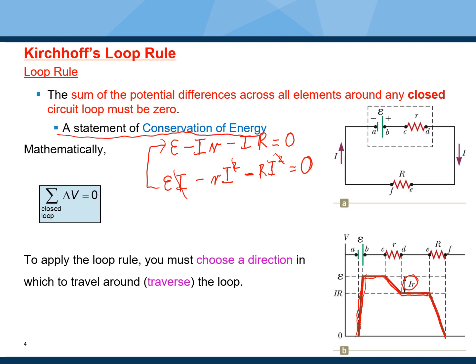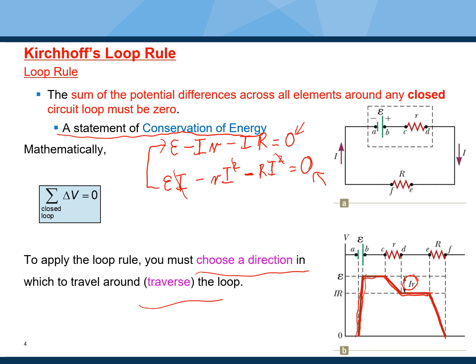In other words, if we apply energy conservation to this equation below, we get the same rule as the equation above, which said that the change in potentials across all the circuit elements taken together in a loop should equal 0. Okay? So to apply the loop rule, you must essentially choose a direction in which you traverse the loop. And we will essentially expound on this issue in a minute.